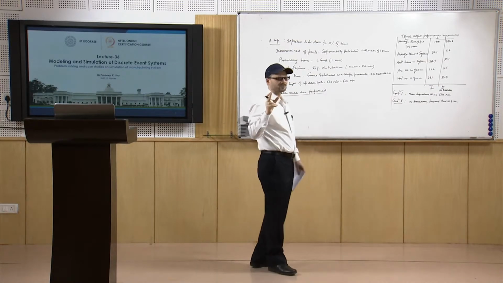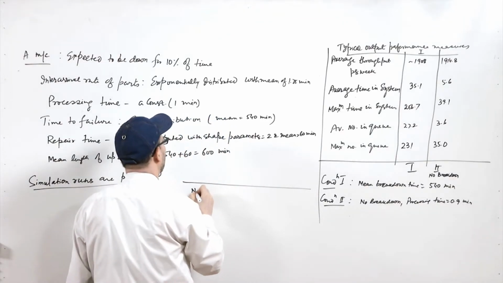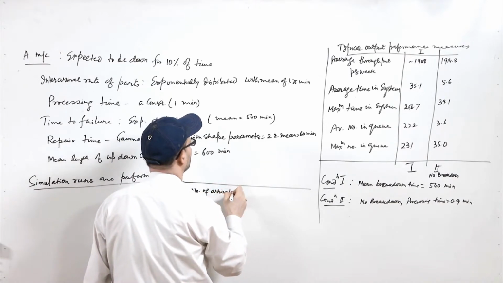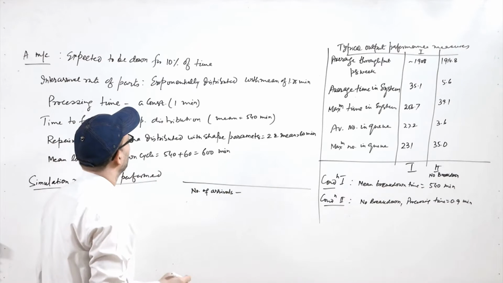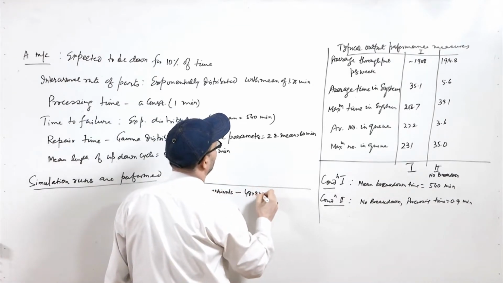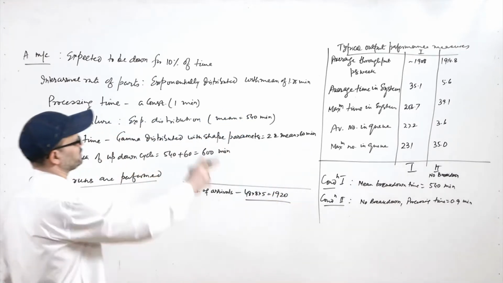So, in the 8 hours you have a number of arrivals, and so you have the number of arrivals in 5 days. That number of arrivals becomes 48 into 8 into 5, which becomes 1920. So, that is close to that.